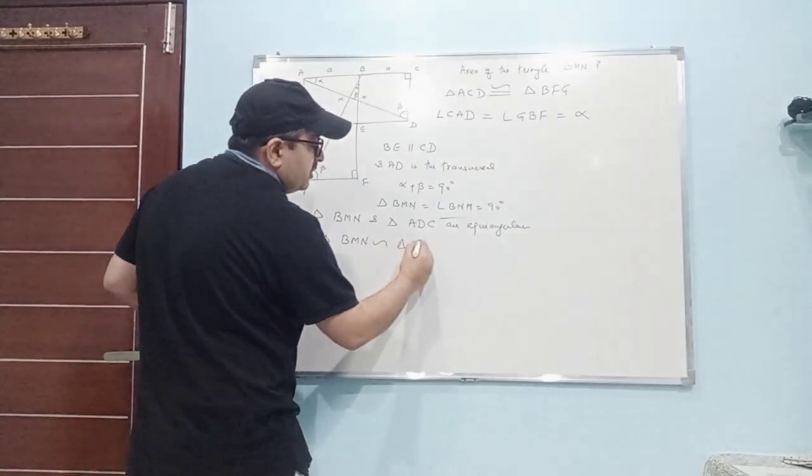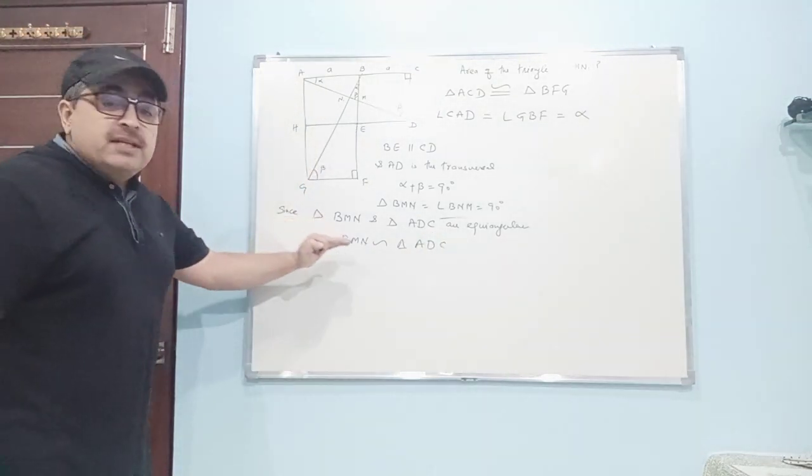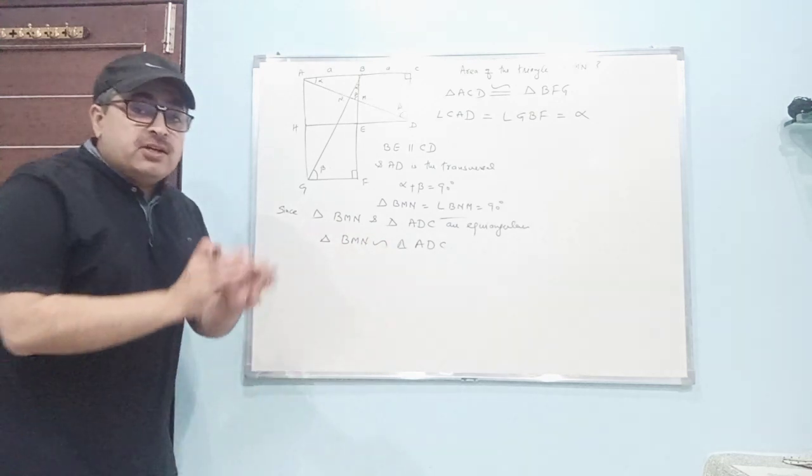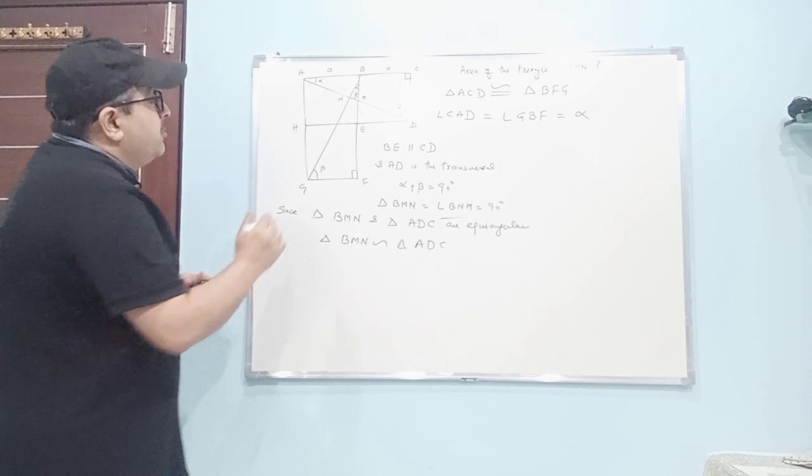BMN is similar to the triangle ADC. Because these triangles are similar, that means their shape is same, so corresponding sides are proportionate.